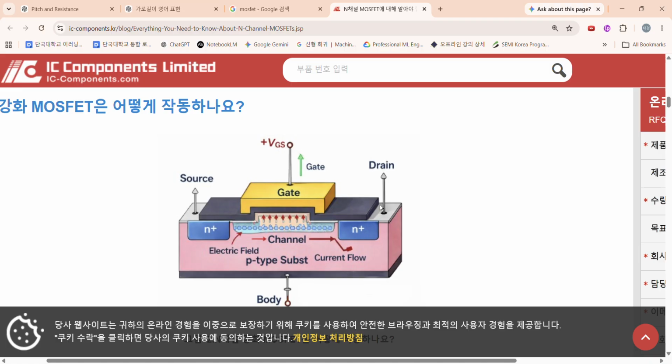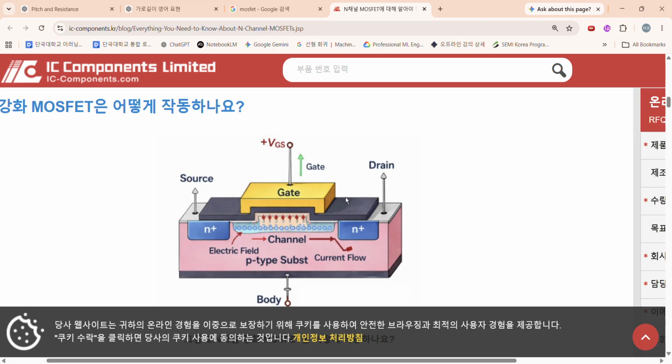To apply voltage, we need to connect with metal line, because voltage is a potential of an electrical signal. So we need to deliver the electrical signal, and the electrical signal is delivered in the metal line. So we need to connect the gate and drain.